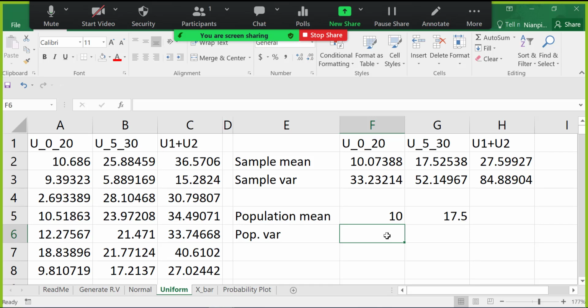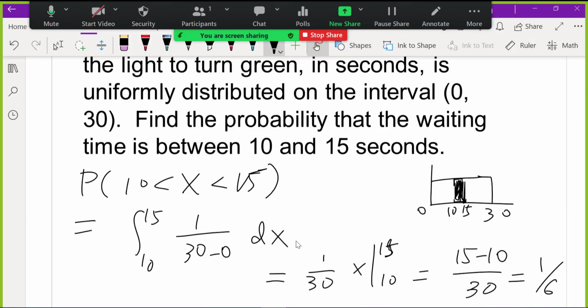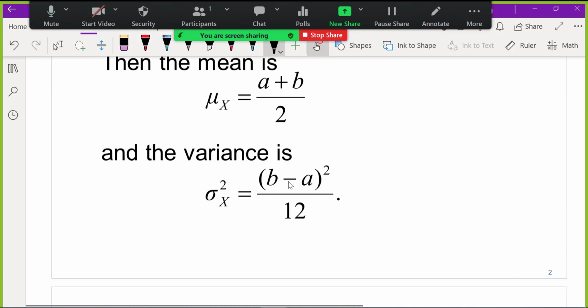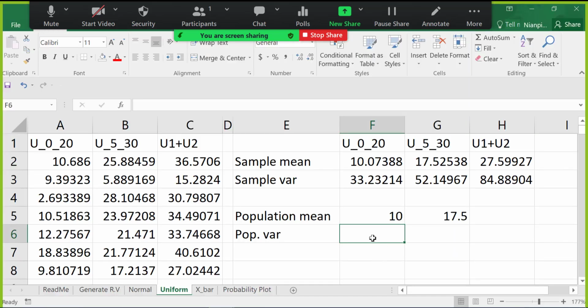The variance, we look at the formula here, that's (b minus a) squared divided by 12. You don't need to memorize it, we will give you the formula during the test. So for the first one, b minus a, that's 20 minus 0, right?